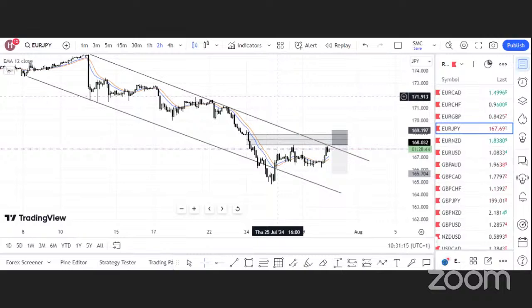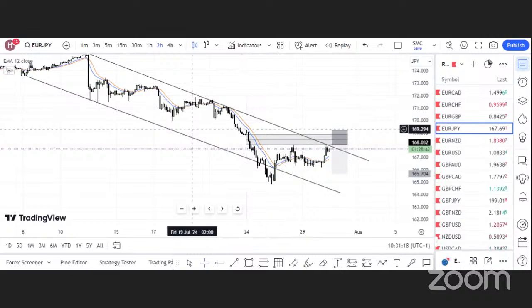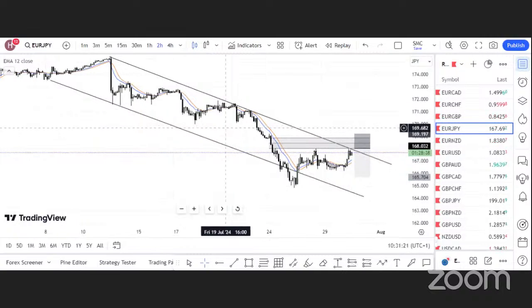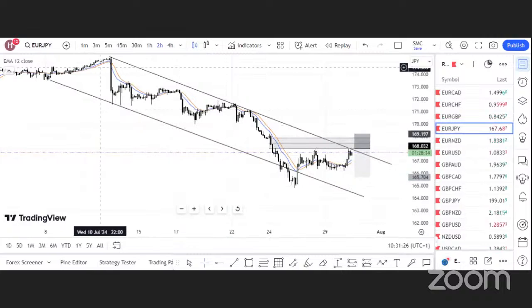All right, for Euro JPY, the market, bullish, market bearish. So this is July 11th. You see the market has been bearish since July 11th after this long spike happened in the market.